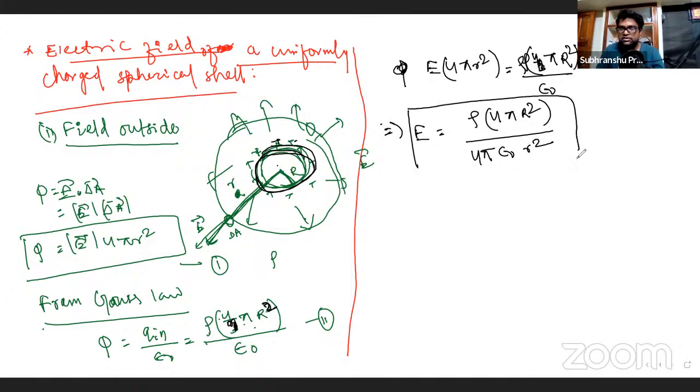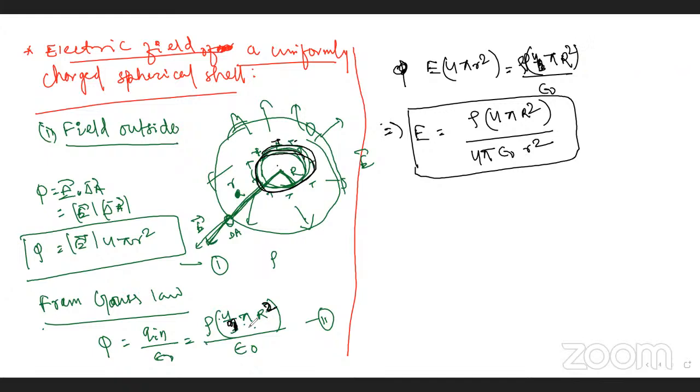So this is your expression for the electric field at a point outside the charged sphere, or you can say a thin shell, a football.